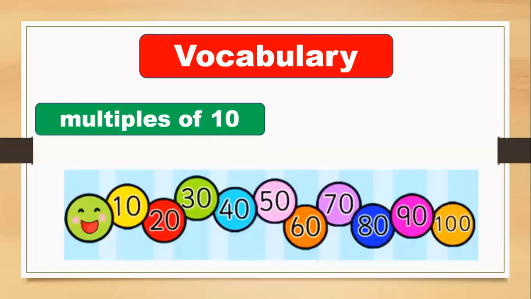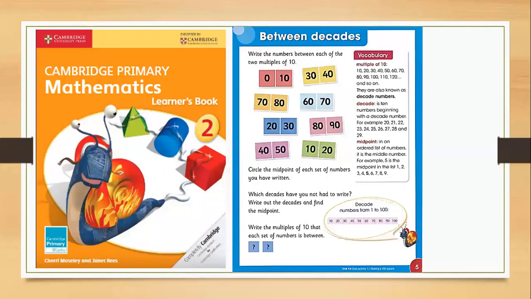Here is your math learner's book, page 5. Our quarter 1 is based on page number 4 to page number 18, and in the next quarter we will start from page number 19.